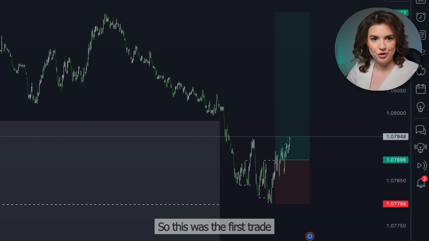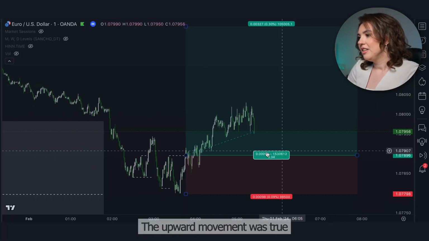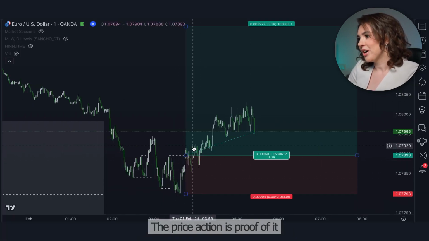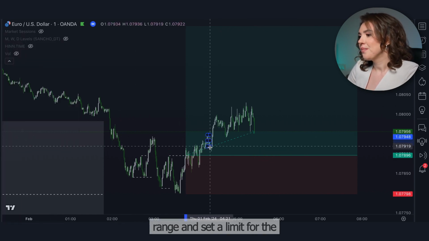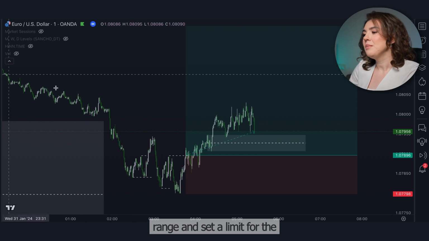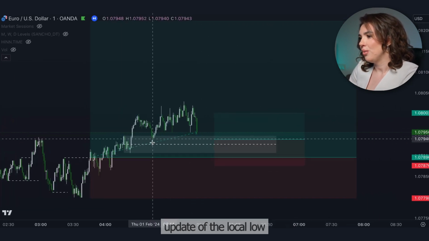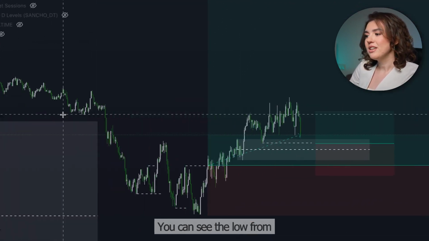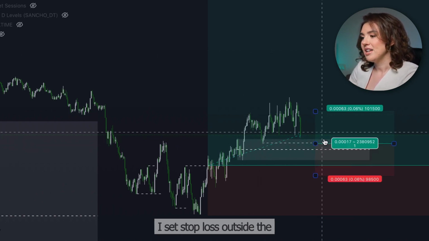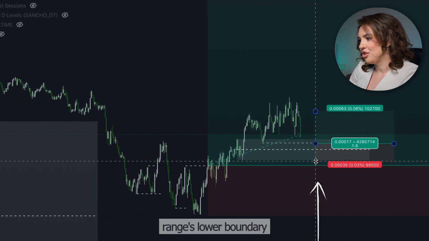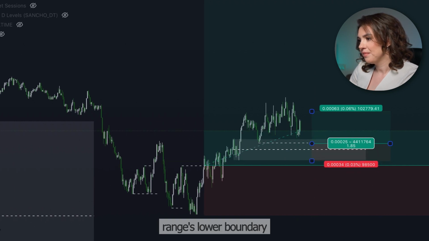So this was the first trade. The upward movement was true. The price action is proof of it. I've marked the range and set a limit for the update of the local low. You can see the low from which liquidity is removed for further movement. I set stop loss outside the range's lower boundary.